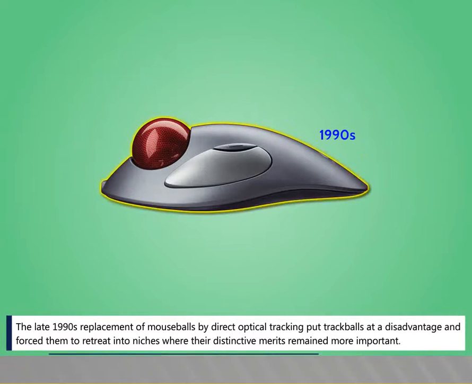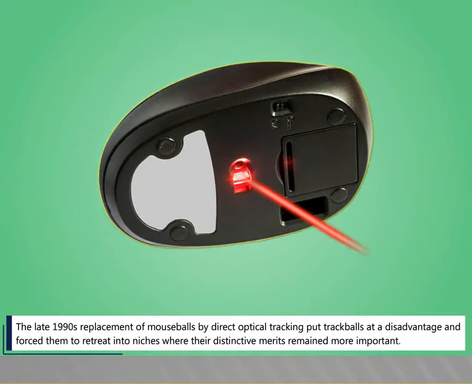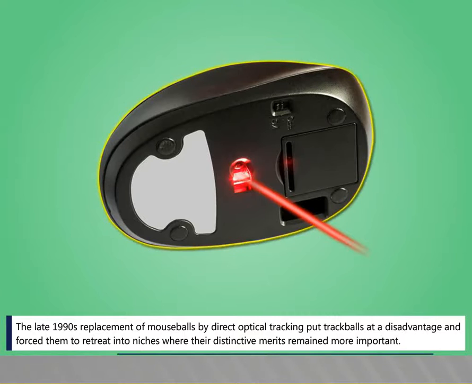The late 1990s replacement of mouse balls by direct optical tracking put trackballs at a disadvantage and forced them to retreat into niches where their distinctive merits remained more important.